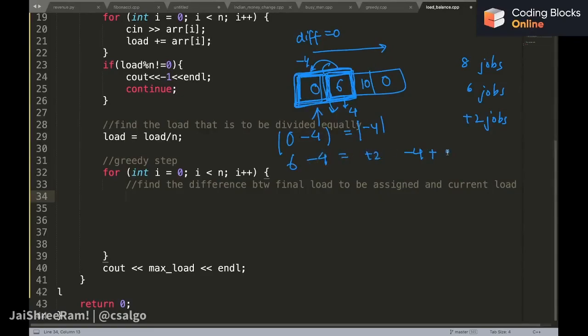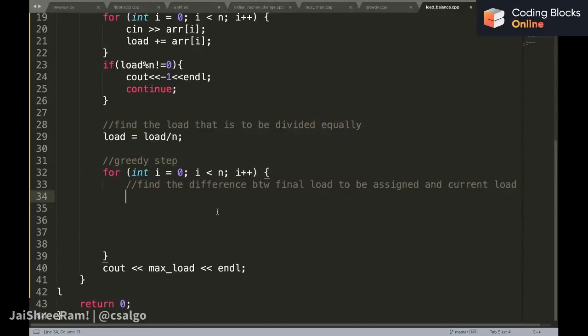So I do -4 plus 2, that gives me in this part a deficiency of -2 jobs. So that means at least 2 transfers will happen. So I will maintain a running difference that will actually give me how many jobs should be transferred through the current partition.